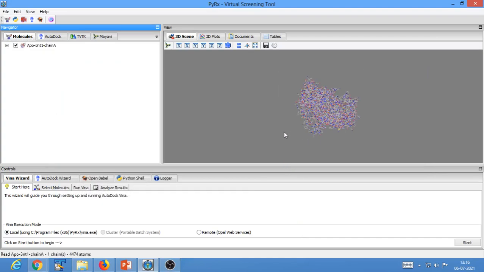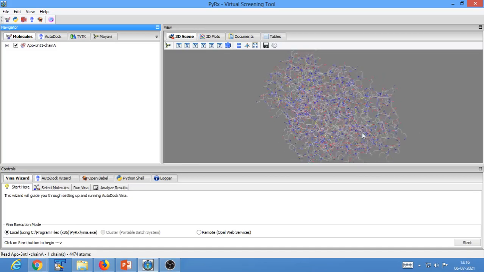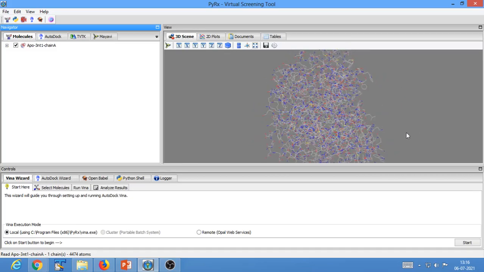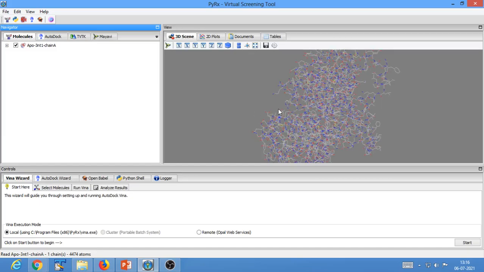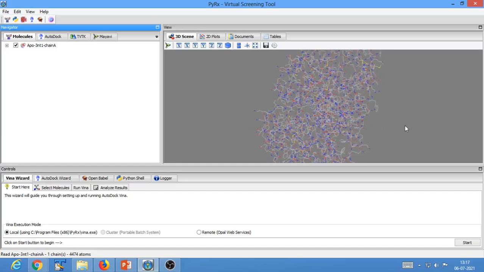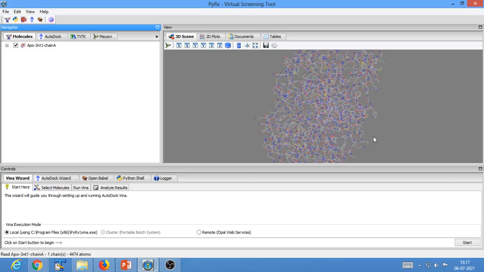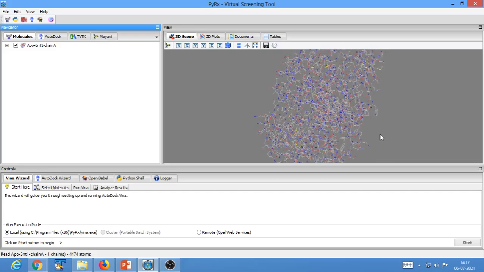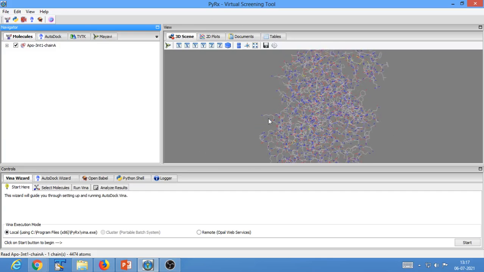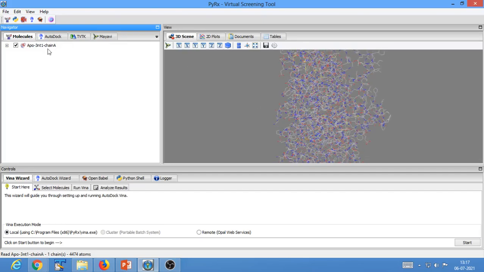As you can see, this is a CPK representation in line model, and this molecule belongs to an enzyme called cyclooxygenase 2, COX-2, which is an effective target in the anti-inflammatory response. Most anti-inflammatory drugs present in the market do target cyclooxygenase 2. So here is your protein molecule.